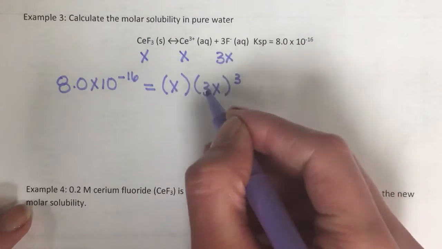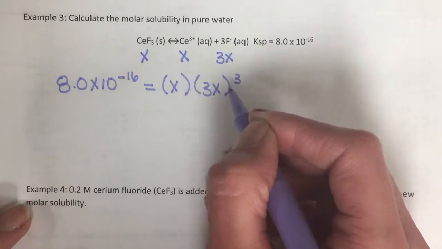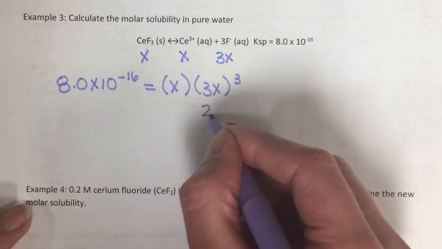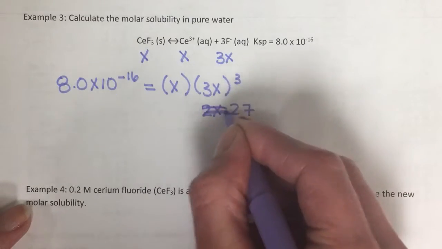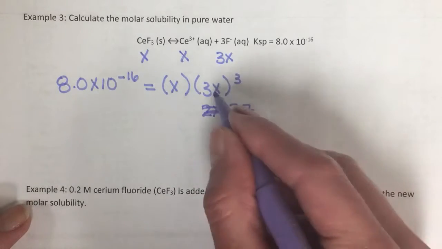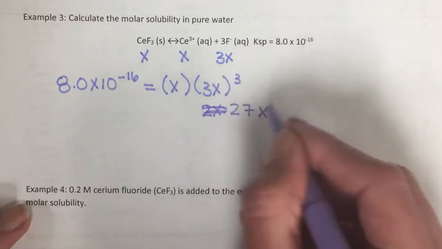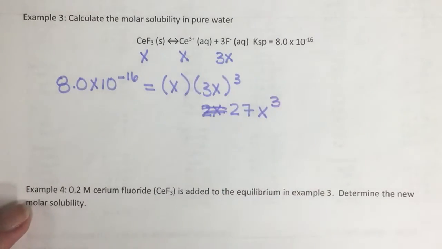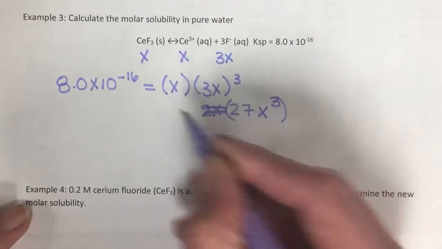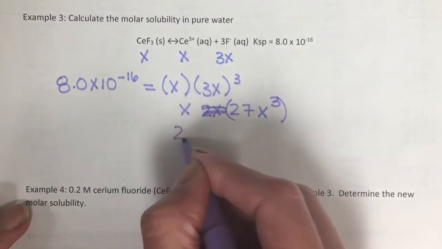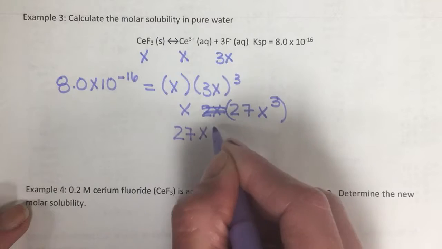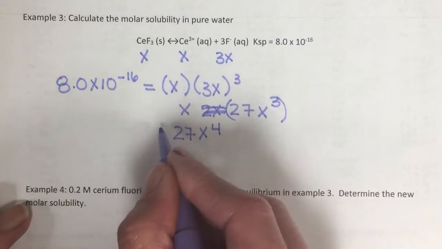Well, if I look at this, 3 cubed, 3 times 3 is 9, times 3 is 27. So 27, x to the third is just x cubed. This whole thing is going to be multiplied by x. So I'm going to have 27x to the fourth.